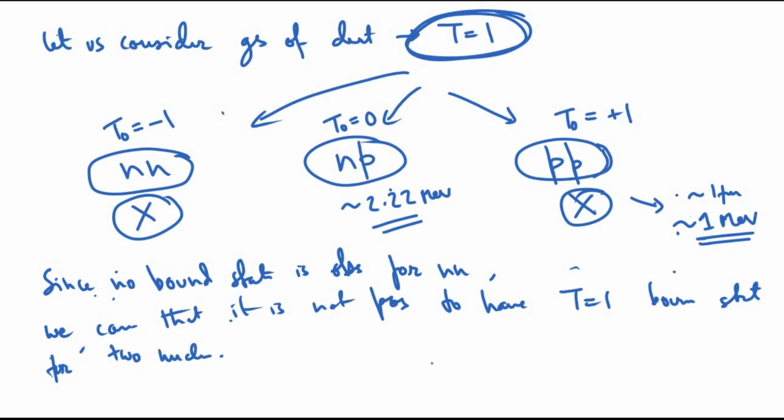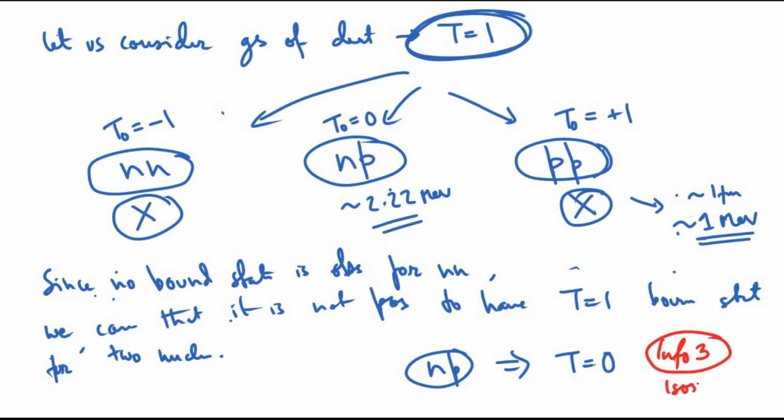This means that the neutron proton system will have T equal to 0 for the ground state. Any questions? So this is basically yet another piece of information that we have obtained. This is info 3, isospin, T equal to 0.